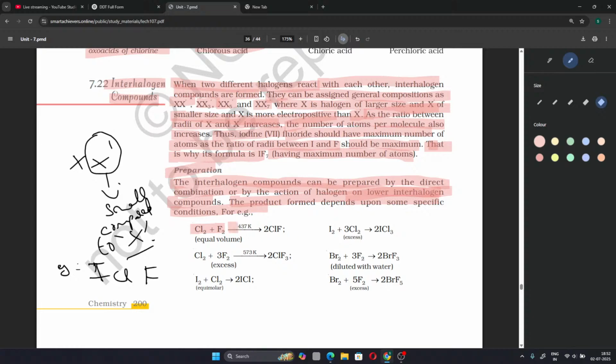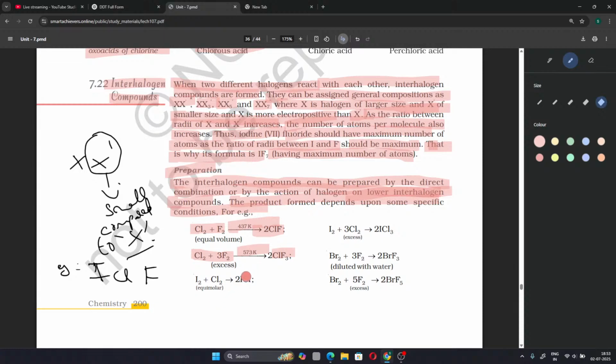Here only ClF is formed, but at comparatively lower temperature, with excess fluorine, Cl2 + 3F2 gives ClF3.